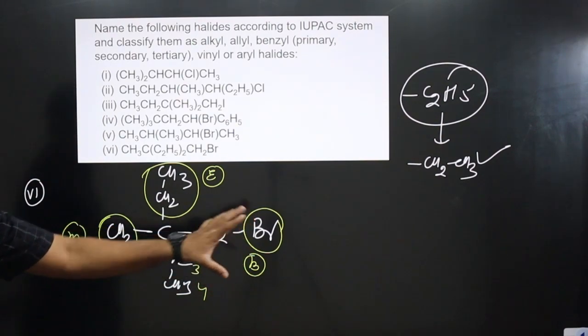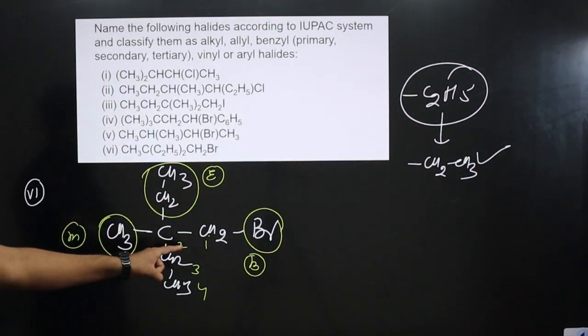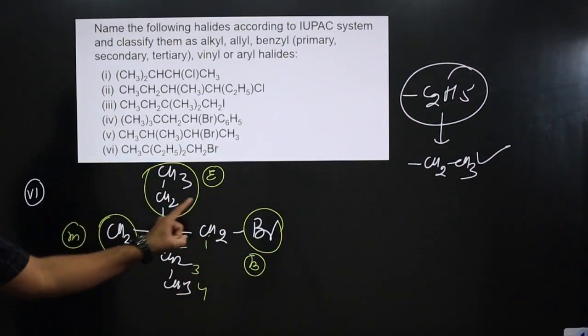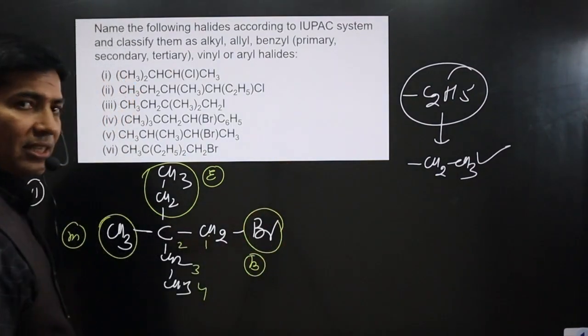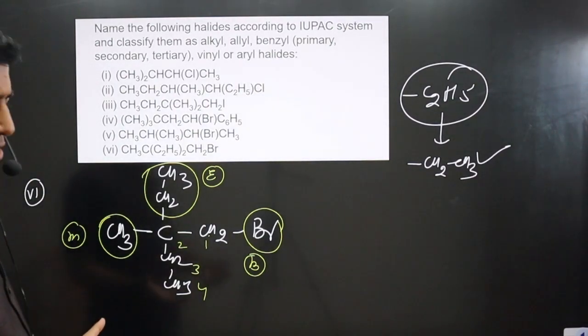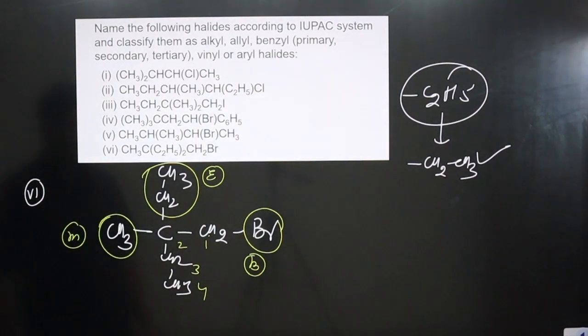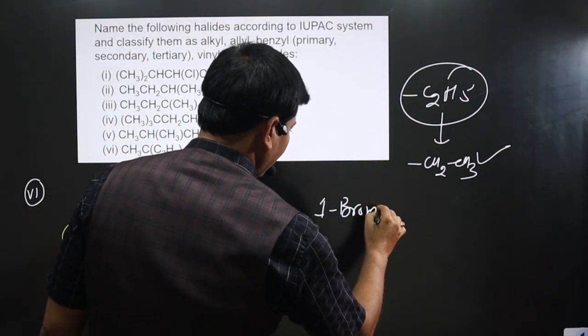So we got 1-bromo, then 2-ethyl, 2-methyl, and the parent chain has how many carbons? 4, butane. Let's write the branching, then the parent chain, and then the priority functional group. There is no priority functional group in this case. So we got 1-bromo.